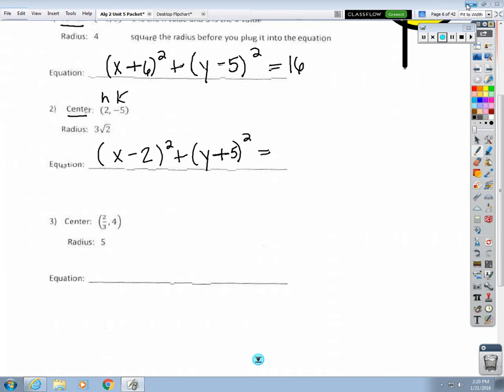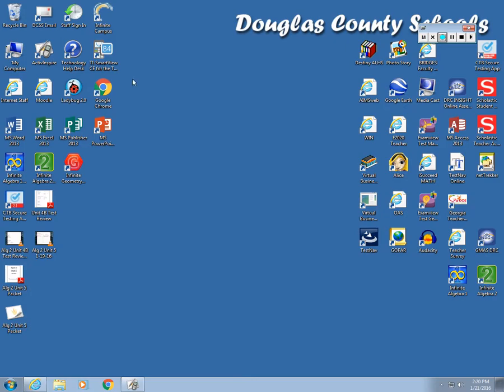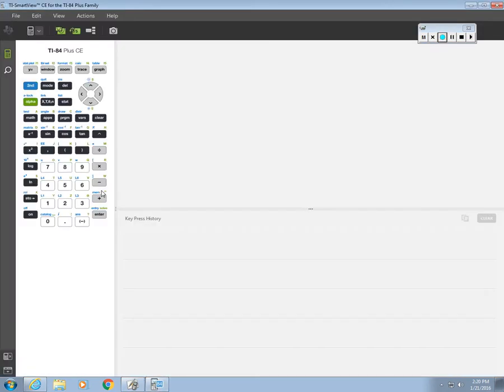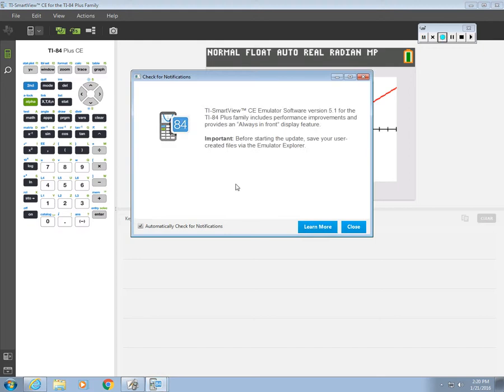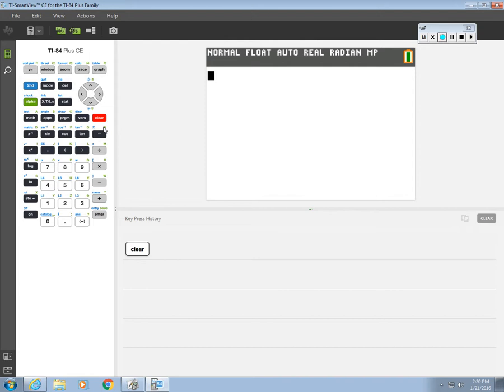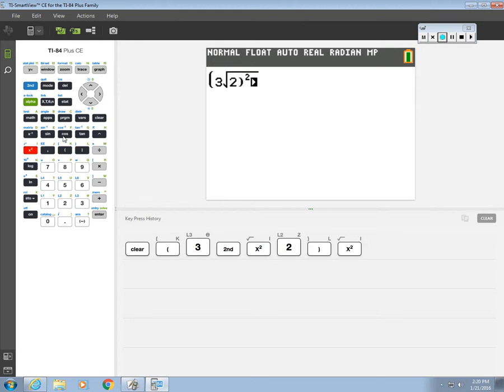Let's look at what that looks like on the calculator. Let me pull up mine. I'm going to show you two different ways of typing it in. 3 square root 2 and then square. Oops, I messed up because I forgot to arrow over.